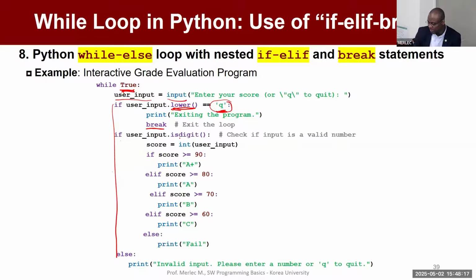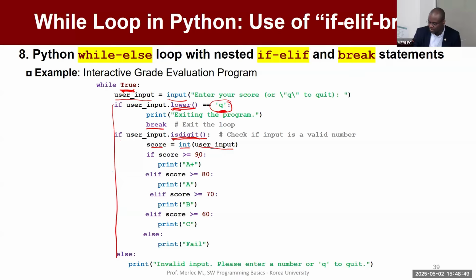Otherwise, we check here. We need now to classify the value provided by the user. We check whether it's a valid digit. Okay, we use that function isdigit, and then we can now cast the value provided by the user as an integer value that will be assigned to score, and then we can match the value of score.